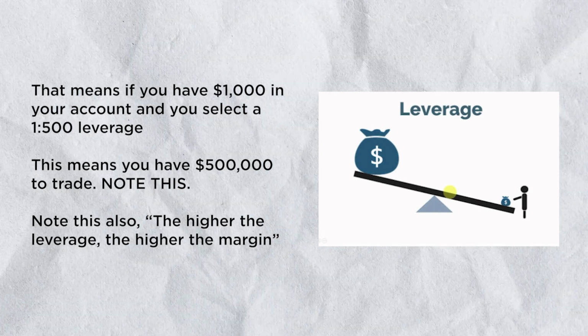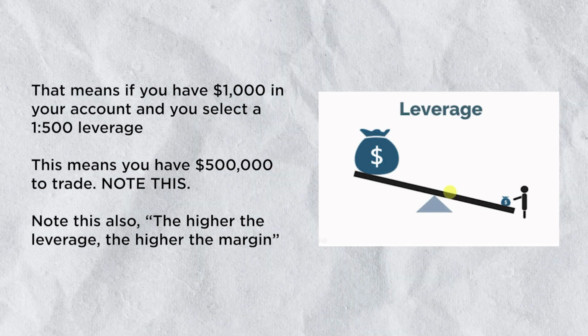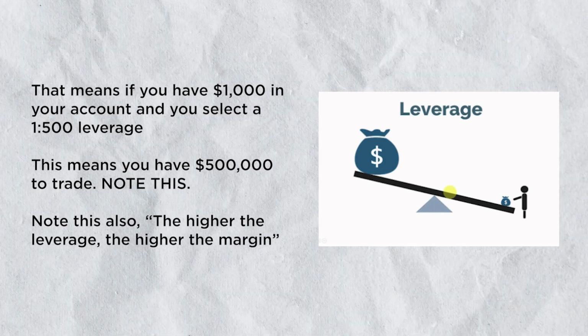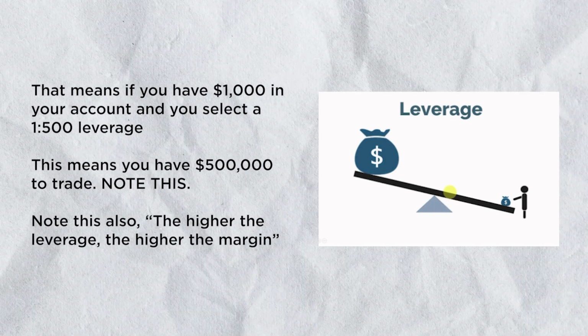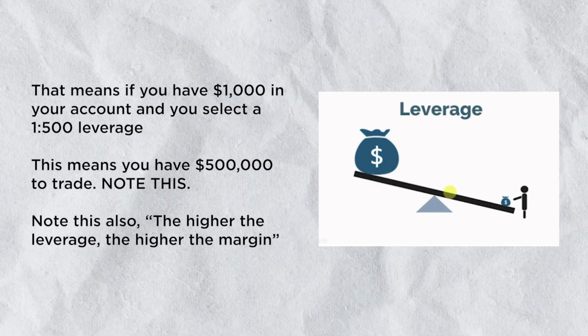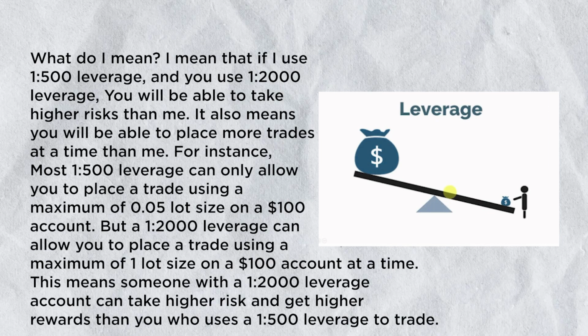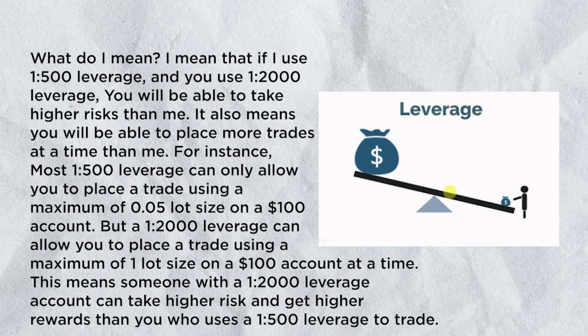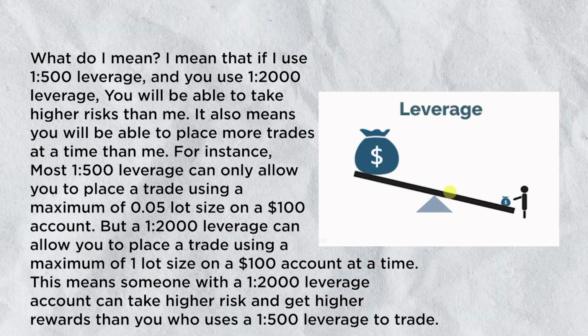That means if you have $1,000 in your account and you select a 1-500 leverage, this means you have $500,000 to trade. Note this also. The higher the leverage, the higher the margin. What do I mean? I mean that if I use 1-500 leverage and you use 1-2,000 leverage, you will be able to take higher risks than me.